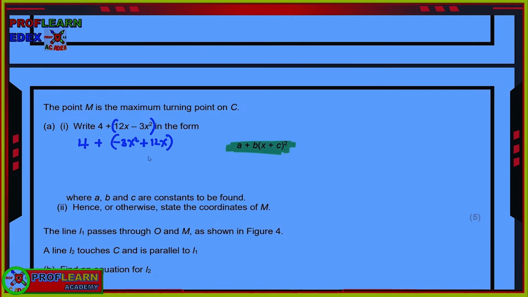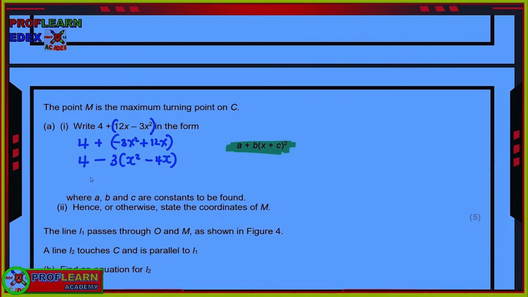So we shall factor out negative 3 in this case, and we shall have our equation being 4 minus 3 into (x squared minus 4x), because if you multiply negative 3 times negative 4, that becomes positive 12.